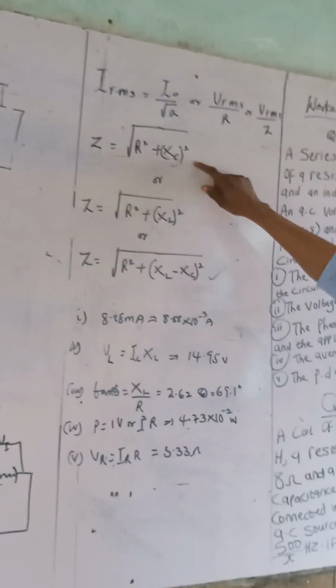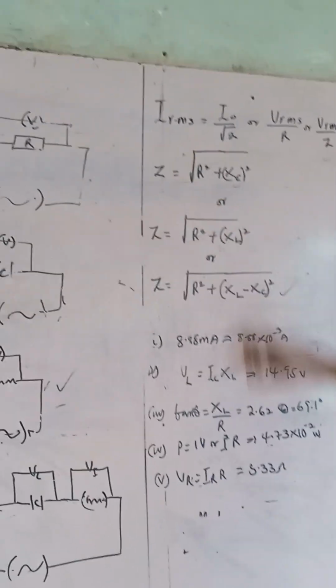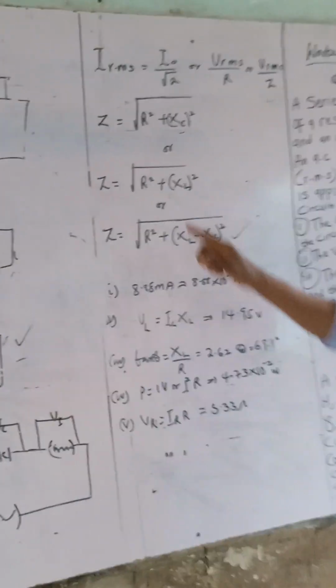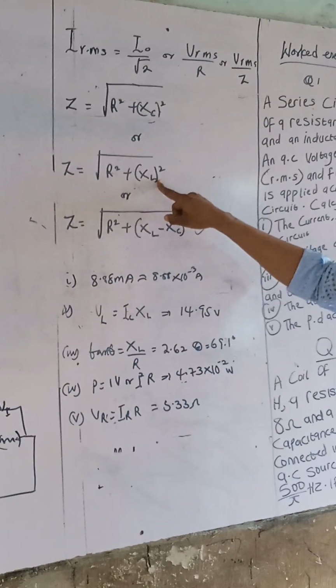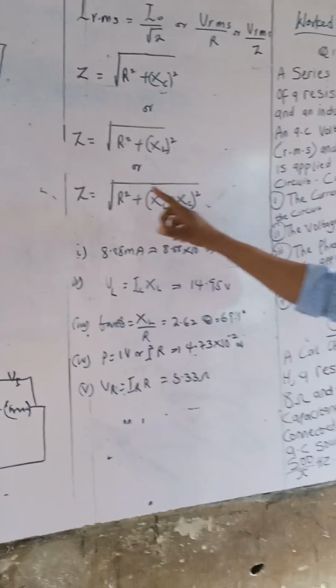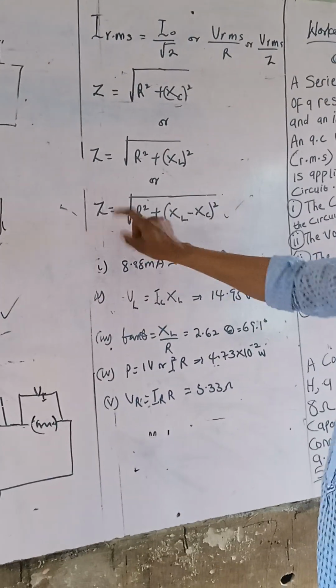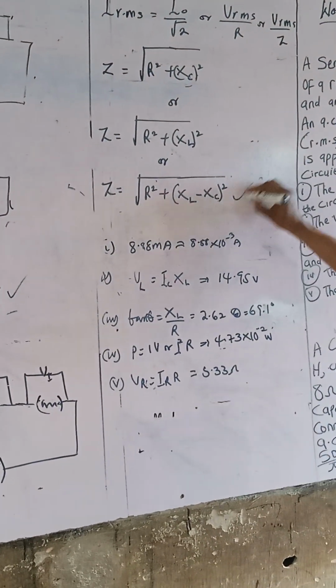So this is the first one for impedance, when only a resistor and a capacitor are used as regulators. This is the second case, when only a resistor and an inductor are used as regulators. But this is the overall, when the resistor and both of them are used as regulators. So we continue from the next class.